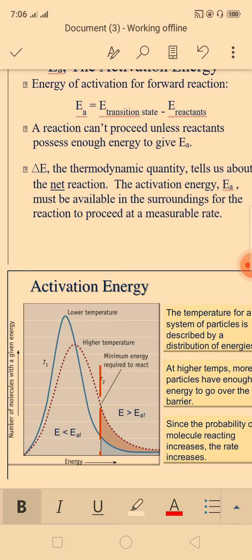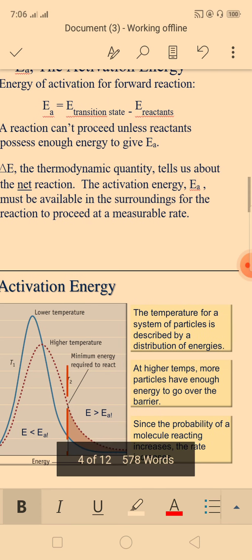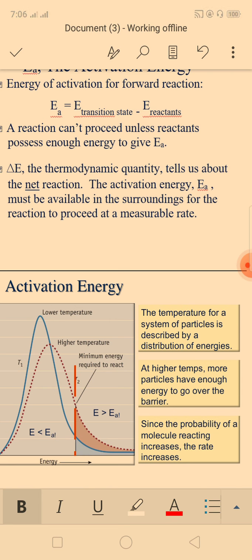The energy of activation, at a given temperature for the system of particles, is described by the distribution of energy. Some particle fractions are higher in energy and other fractions of the reactant are lower in energy.